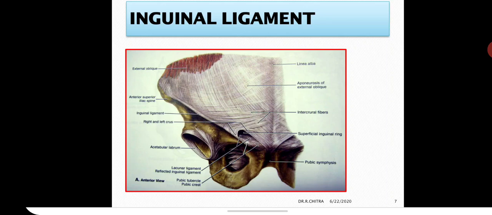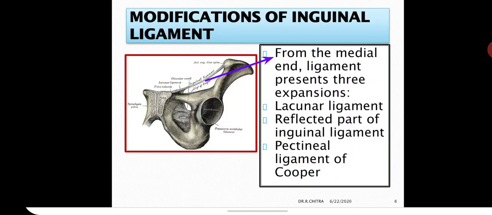See the base of the lacunar ligament. The base, as we told, forms the medial boundary of the femoral ring. From the base of the lacunar ligament, a fibrous band extends laterally and is attached to the rest of the pecten pubis. So that is the Cooper's ligament or pectineal ligament.